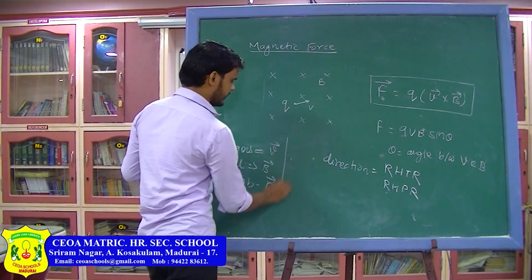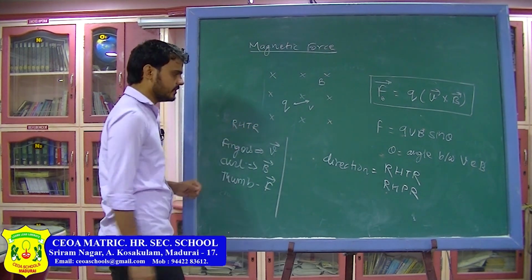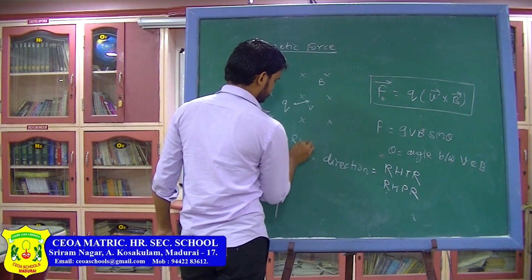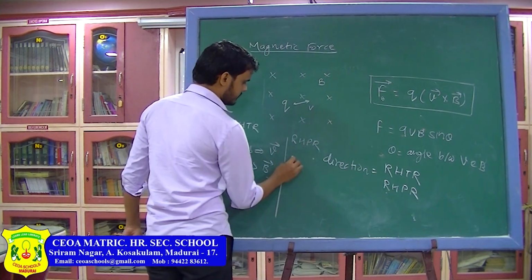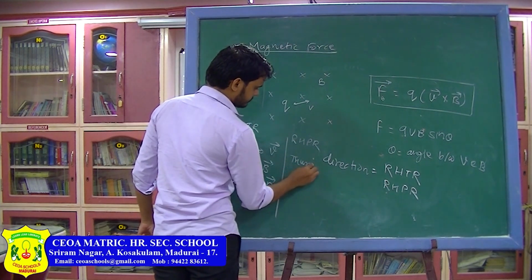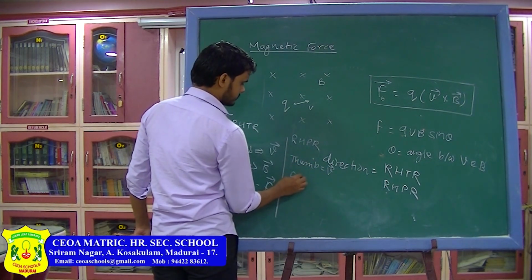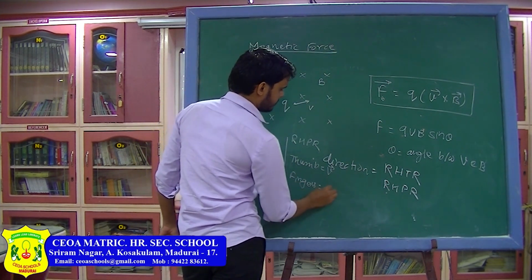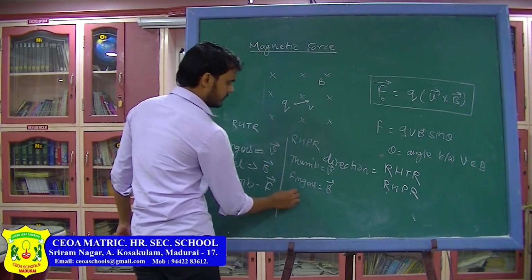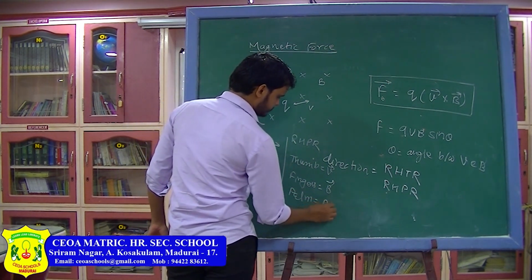So this is the right hand thumb rule which we have already seen, or you can use the right hand palm rule. In the right hand palm rule, you keep your thumb in the direction of velocity and fingers in the direction of the magnetic field, and the palm will give you the direction of the magnetic force.